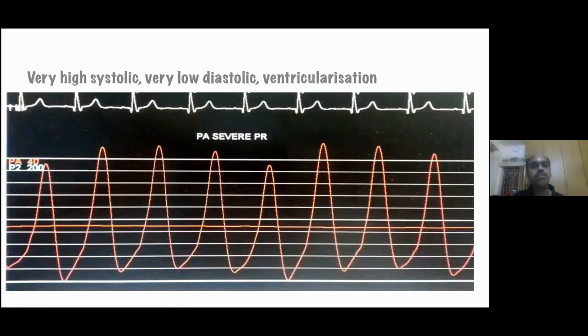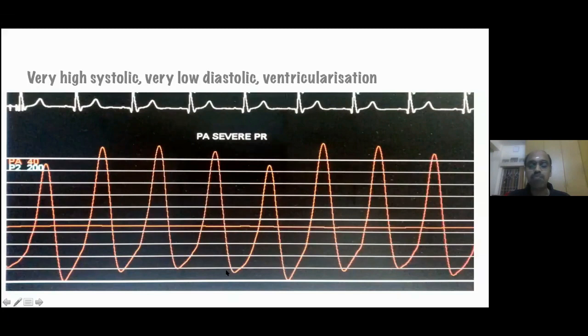When there is a very severe pulmonary regurgitation, that results in elevation of the right ventricular end diastolic pressure because the right ventricle begins to decompensate. When the right ventricular end diastolic pressure goes higher and higher, the pressure trace in diastole will start having an upslope like this.